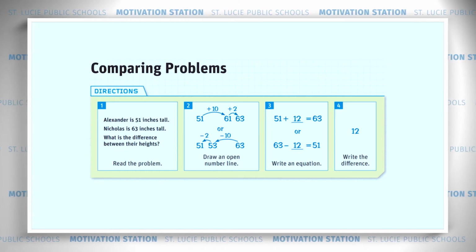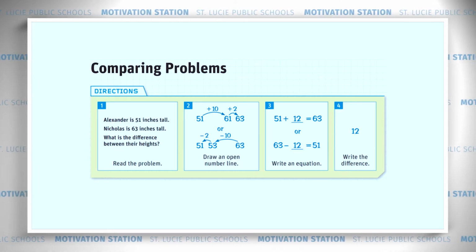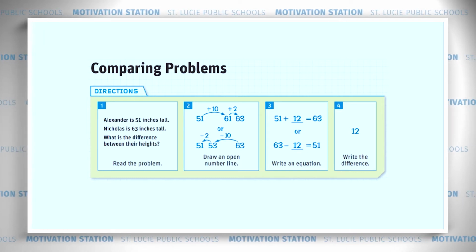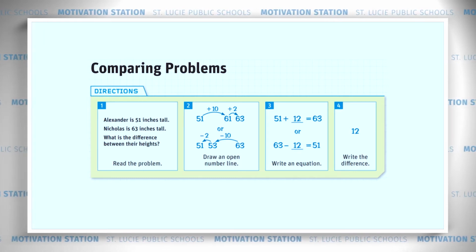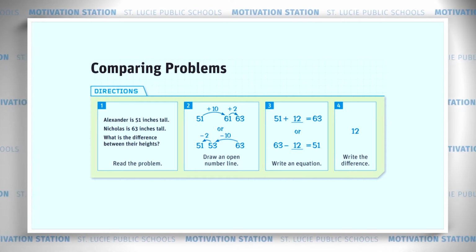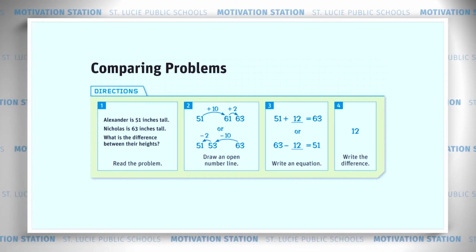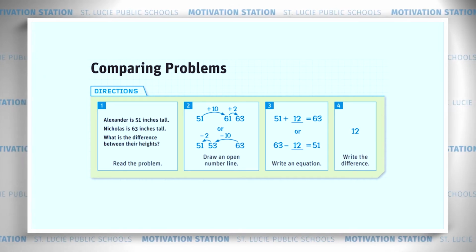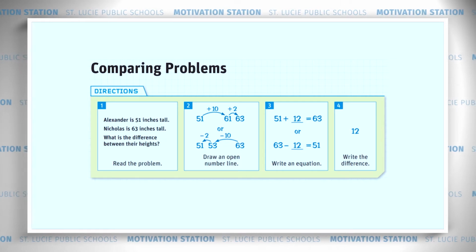Step 3, write an equation. Step 4, what's the difference? Remember, for comparing problems, you can use either addition or subtraction, but we really should be practicing with both, right? Make sure if you use addition, you show an addition equation, and if you show subtraction, that you use a subtraction equation.